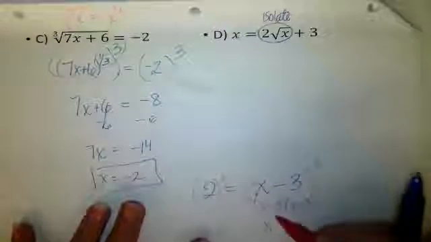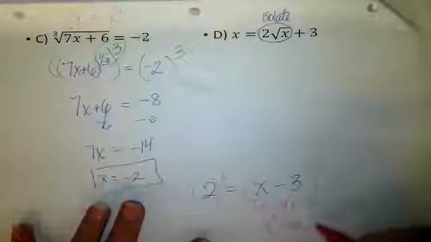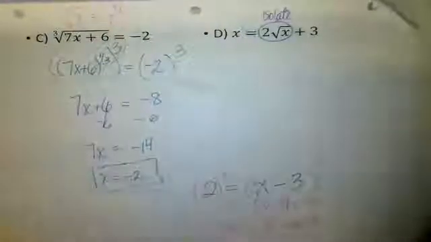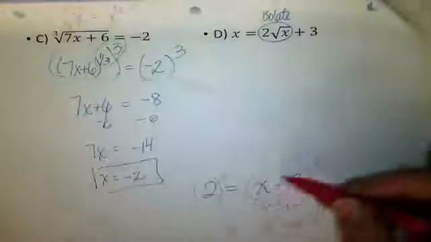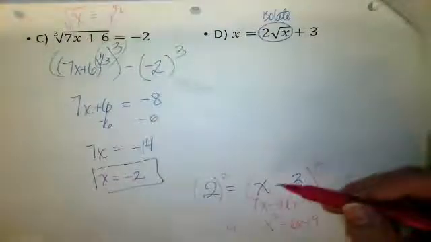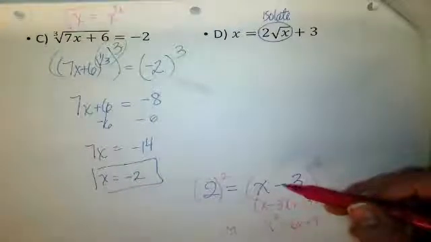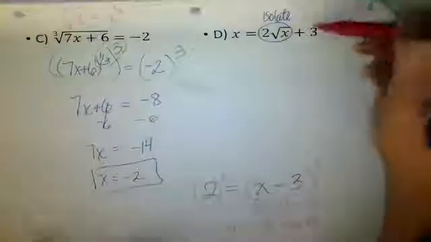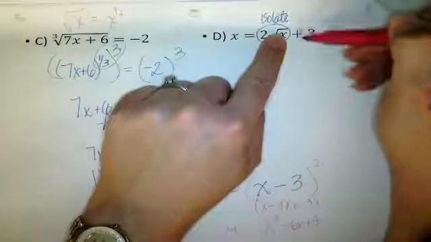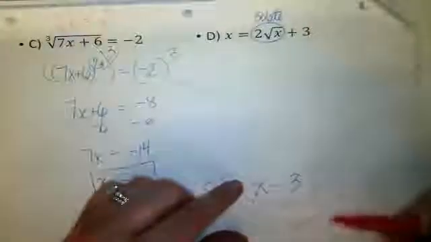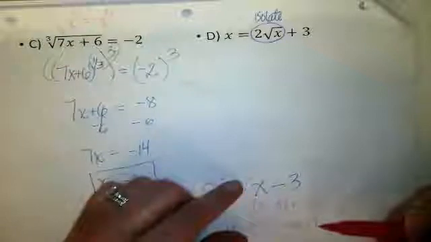And then I have to FOIL and get x squared minus 6x plus 9 equals 4. That becomes challenging, right? Because of that addition or subtraction. Addition and subtraction just messes everything up. So I don't want to square something around an addition or subtraction because it makes it really, really hard. It's this scenario, which we will do, by the way.